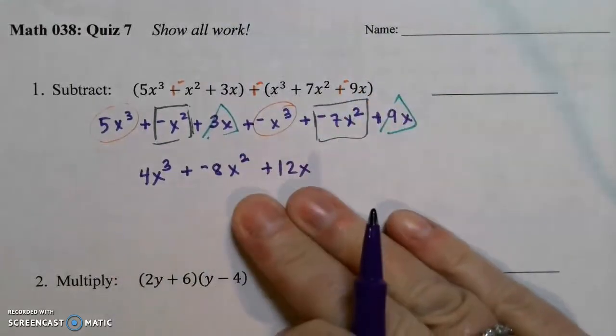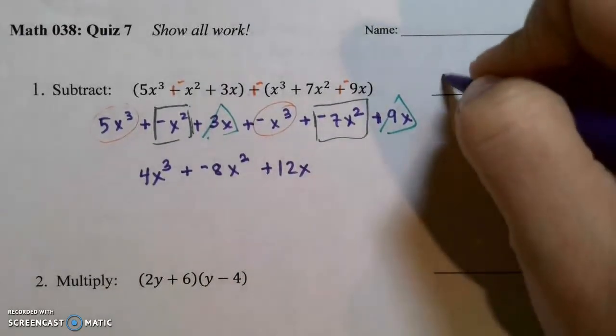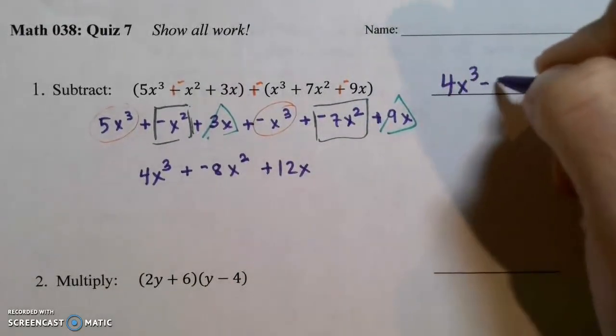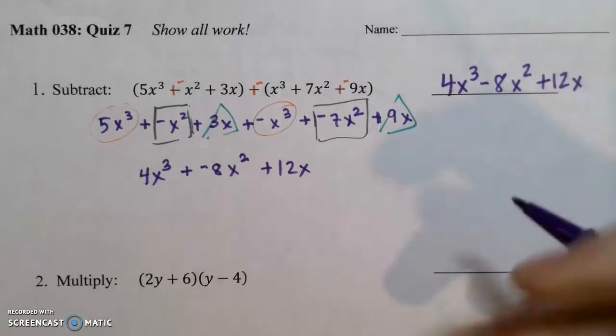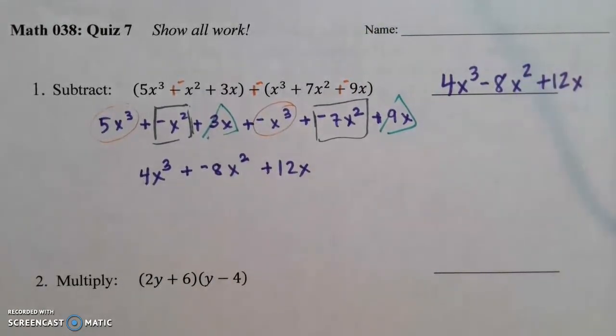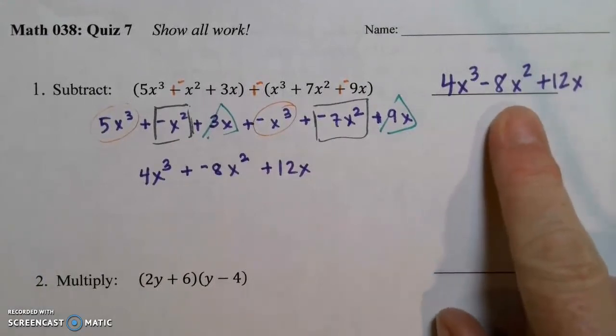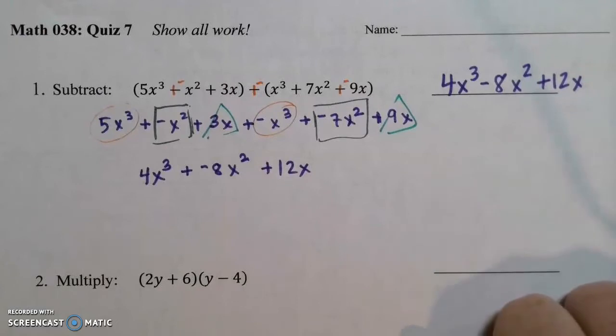So this answer would be fine for me. For Alex, it would prefer it if you put it into this format, where we have a subtraction instead of adding the opposite for the 8x squared term. So 4x cubed minus 8x squared plus 12x is going to be the answer for the subtraction for that.